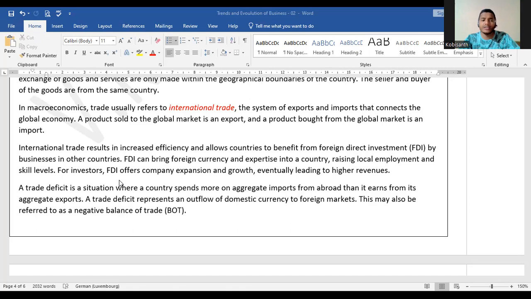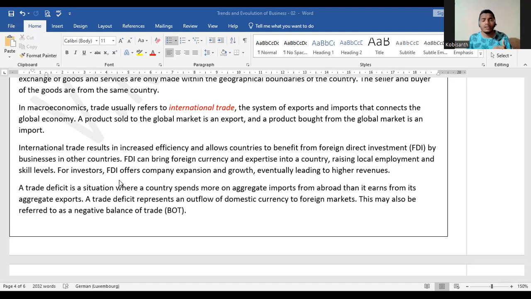A trade deficit is a situation where a country spends more on aggregate imports from abroad than it earns from its aggregate exports. Aggregate means total, total imports, total exports. So talking about Sri Lanka, Sri Lanka is actually facing a trade deficit. How?